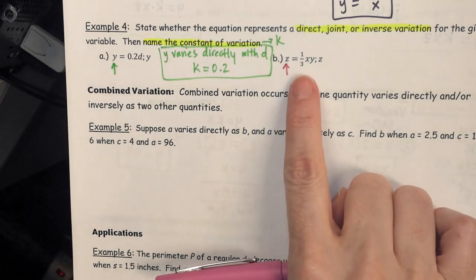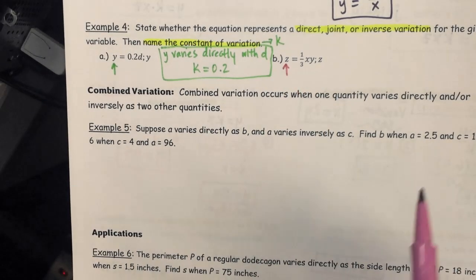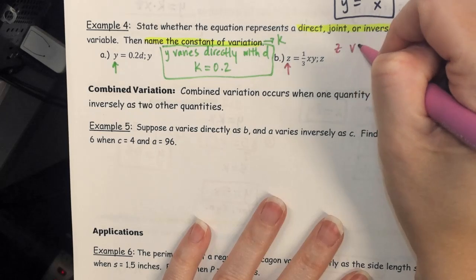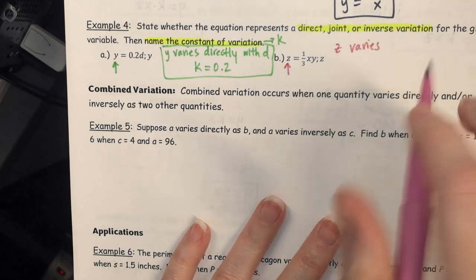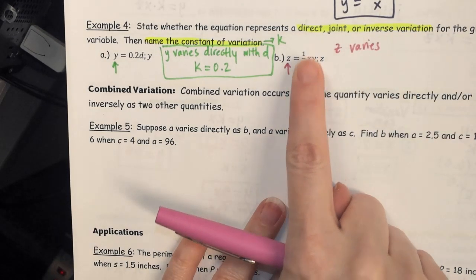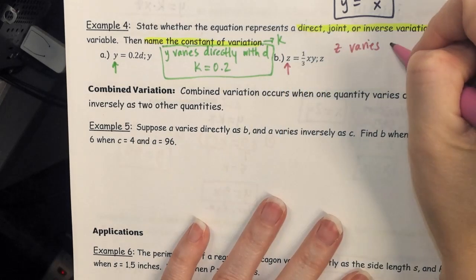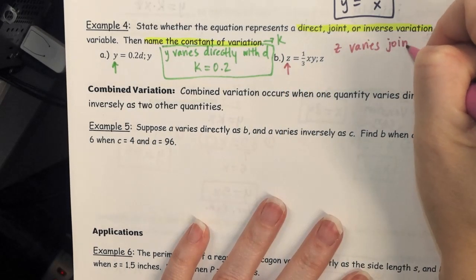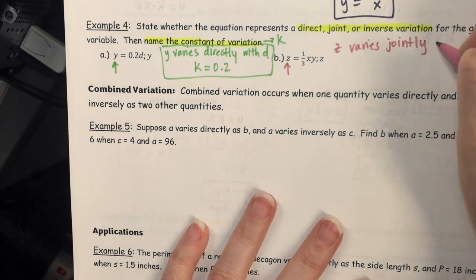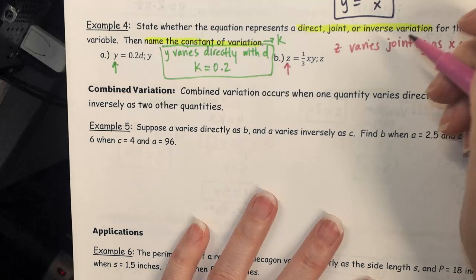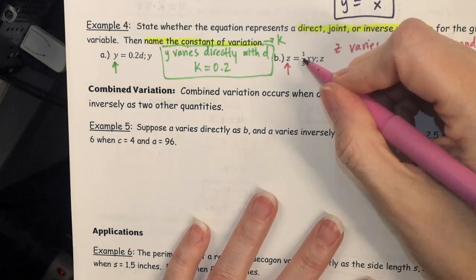Okay, so z equals 1/3 xy, z is the variable. So z varies, and you have two variables, which means it's which one? Jointly. So z varies jointly as x and y, and then your value for k is the 1/3.